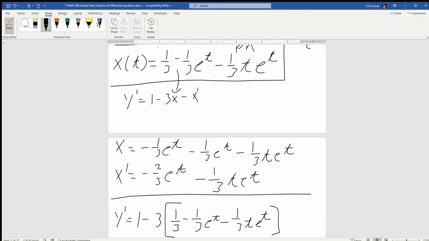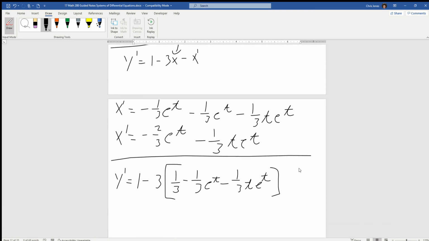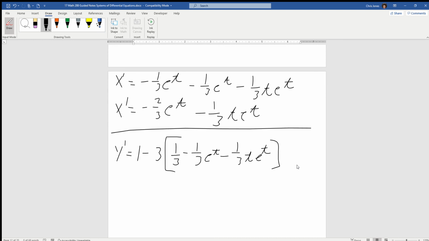We kind of like that because all those 1/3s are going to cancel out with the 3. And then we also have to subtract out x prime. So that's going to be minus the quantity of our negative 2/3 e to the t minus 1/3 t e to the t. Let's see what happens with this when we simplify it.